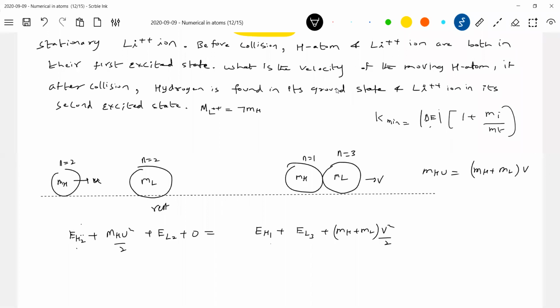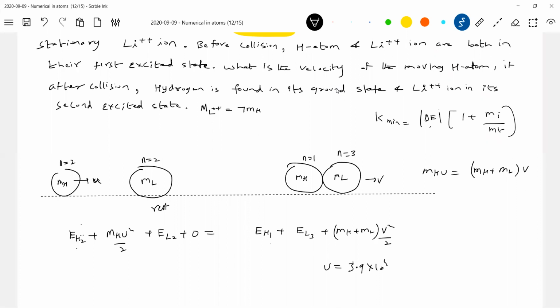And mass of lithium double plus is 7 times that of hydrogen, so you can replace m_h and m_l here. So solve this, we'll get around 3.9 into.